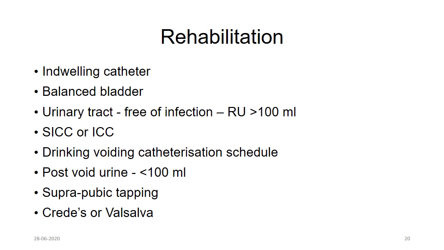If the patient has hand dexterity, the patient can do self-intermittent catheterization. Otherwise, the caregiver has to be taught to do intermittent catheterization. If the patient has started intermittent clean catheterization, a drinking voiding catheterization schedule has to be implemented with an intake of 2 to 2.5 liters of fluid daily.